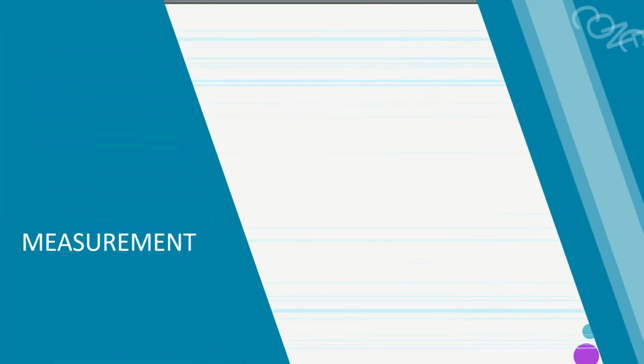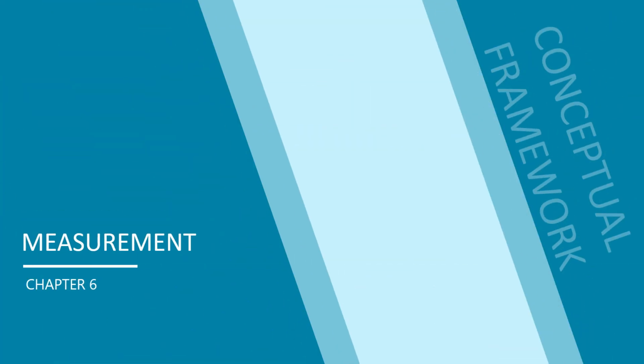Right now, we will be talking about, of course, once we record our particular transaction in the financial statement, we need to measure by how much it will be recorded. So for the start of this video presentation, we are going to discuss Chapter 6, which is all about measurement.